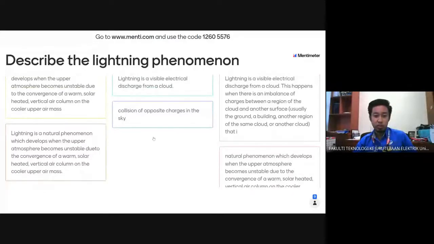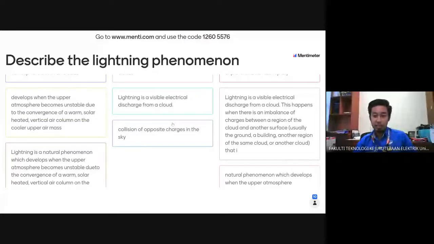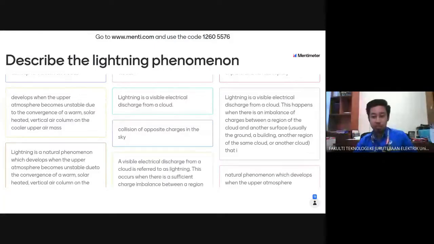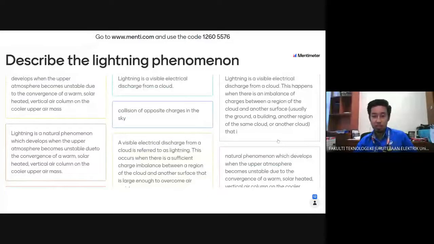Collision of opposite charge in the sky. They happen when there is an imbalance of charge between a region of the clouds and another surface, usually the ground, the buildings, another region of the same cloud or another cloud.